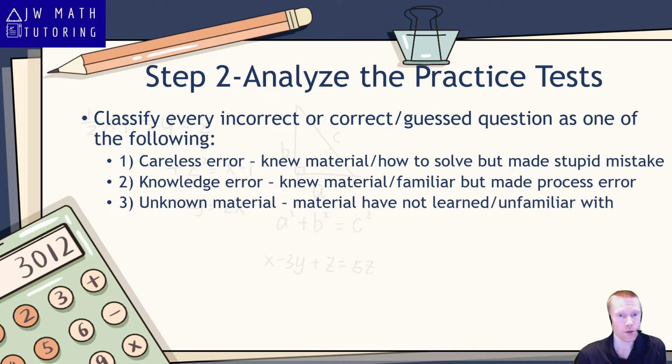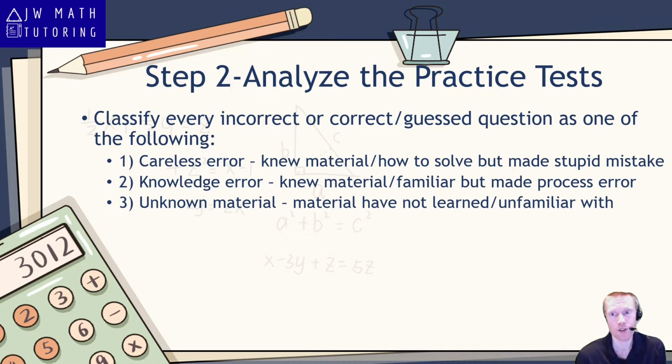Okay, so you need to classify these problems as careless errors, knowledge errors, or unknown material. And what I mean by those 3 categories are: careless errors are problems where you knew how to solve the problem, you knew the material, you knew the steps to do, but you made some kind of stupid mistake. A lot of times these mistakes would relate to arithmetic errors.